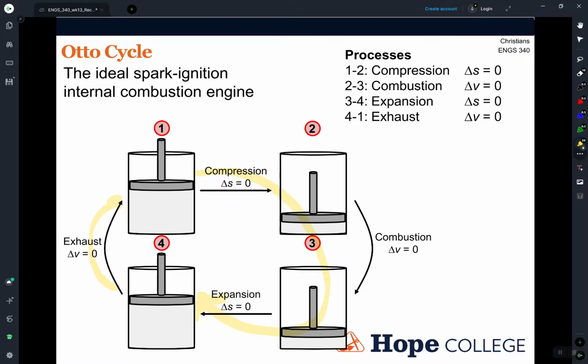And then it's going back up again as we intake new air. So we have down, up, down, up. It takes 2 of those cycles, or 4 strokes, in order to get all the way around this thermodynamic cycle. But it's not even. It actually takes a full 2 strokes to get from 4 up to 1. That's an Otto cycle, probably the one you're most familiar with.